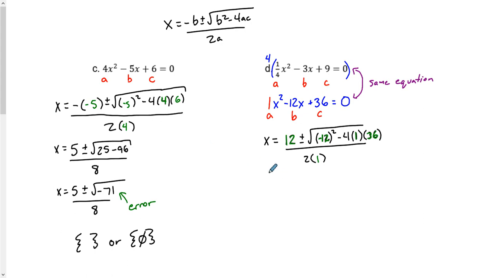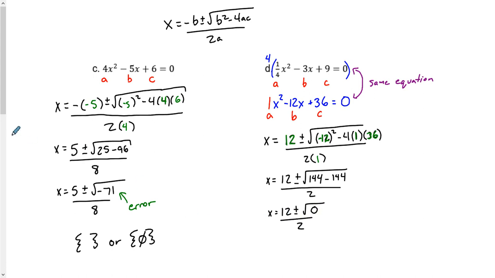So as we continue, we can evaluate what we can. So 12 plus or minus negative 12 squared being 144. Subtracting 4 times 1 multiplied by 36 is 144, if I'm doing my math in my head correctly. Yep. 2 times 1 is 2. 144 subtracting 144 is 0.